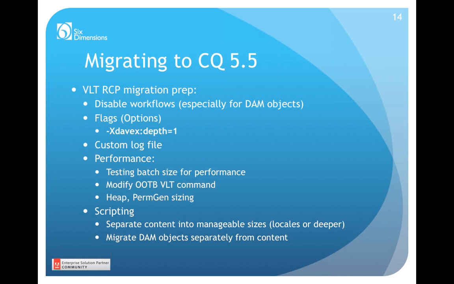There is a content check that happens with the file vault command out of the box. And if you don't set this flag here, the out of the box configured depth is 4. And I don't know exactly what happens, but basically they do a content check of the sibling nodes of whatever you are migrating.